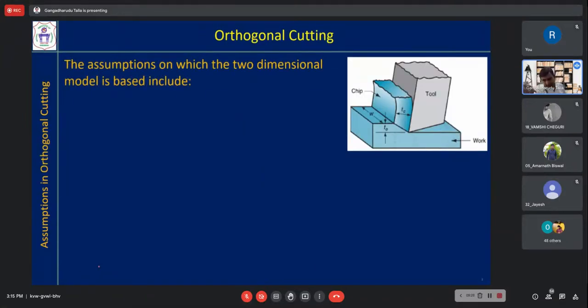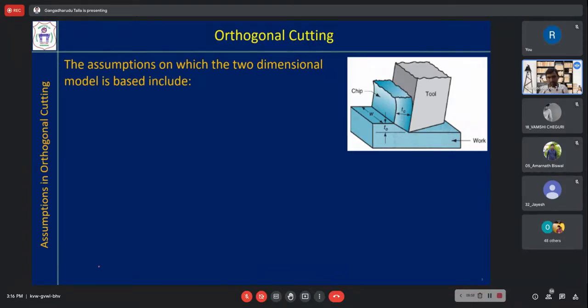Now for simplicity, for easy calculations, we are assuming that the cutting process is an orthogonal process. In reality, obviously, many cutting processes will be oblique in nature, but the difference between the forces acting in orthogonal cutting and oblique cutting is less, not very high.